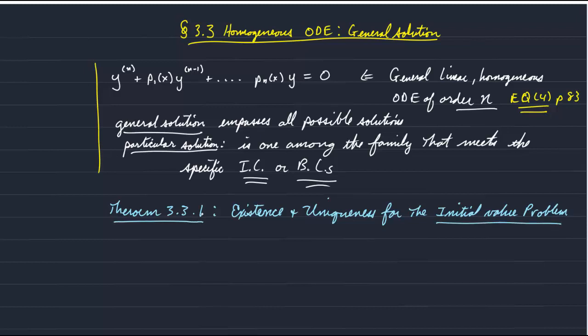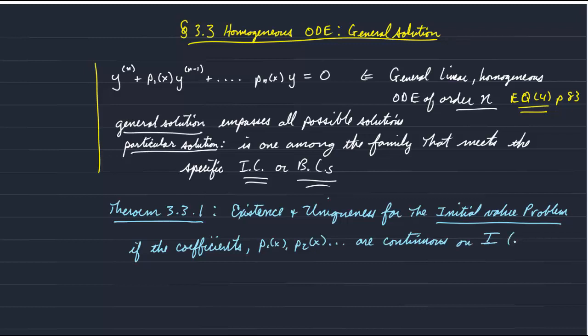And this theorem states that if the coefficients, that is P1 of x, P2 of x, etc., are continuous on I, that is the interval in which we evaluate the solution, the interval being the range of x at which we evaluate the solution.